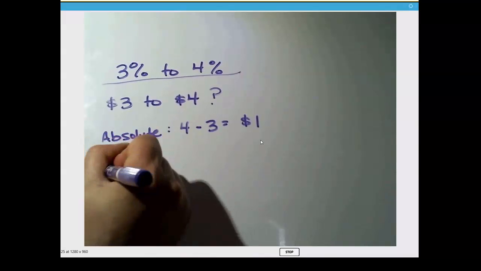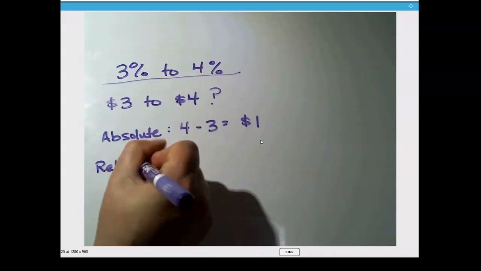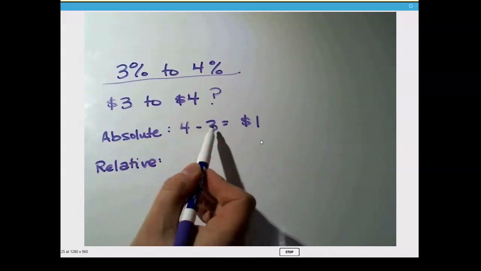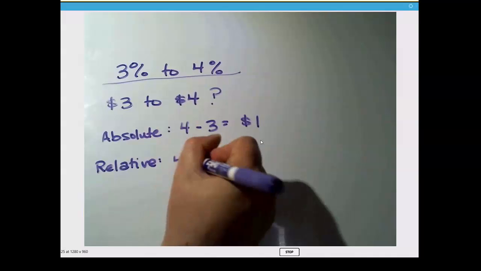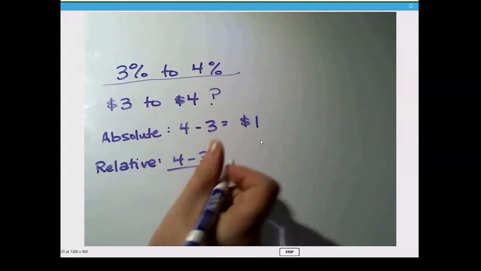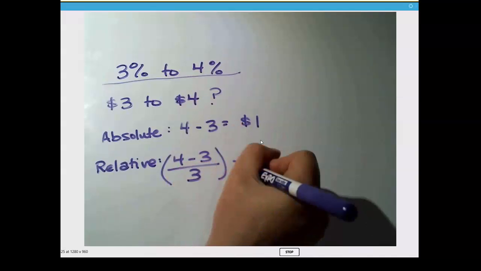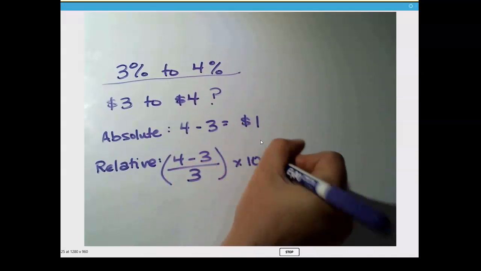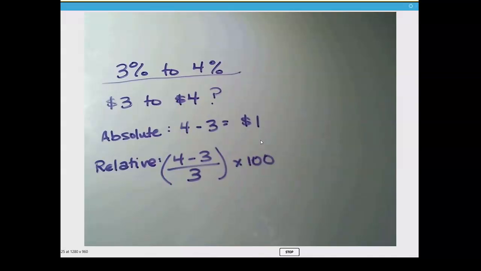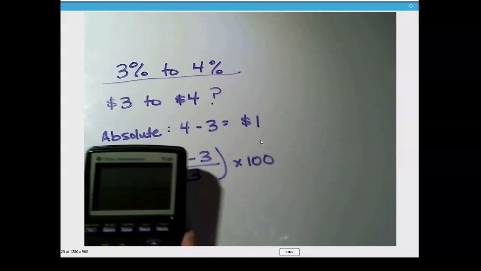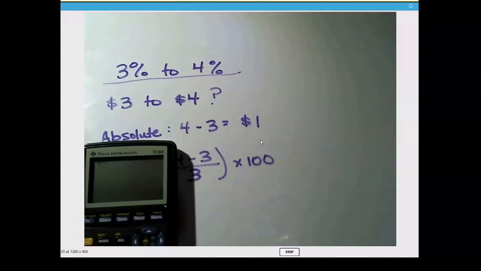That's hopefully not too bad. As a relative change, I'd still plug this in the same order. And then I divide by the second one. And then I multiply by 100. So let me show you what that looks like real quick here. I'm going to do 4 minus 3 first, then divided by 3, and then multiply it by 100.